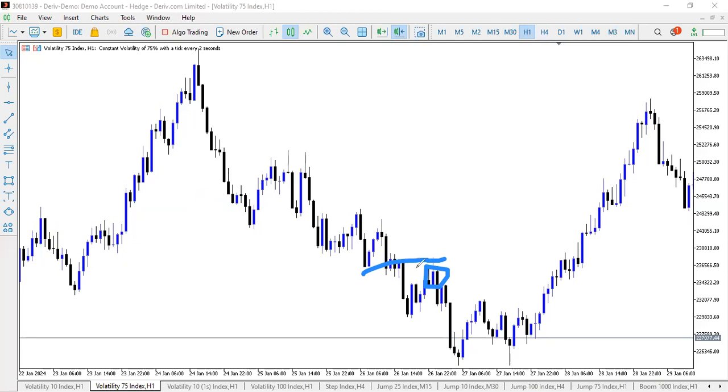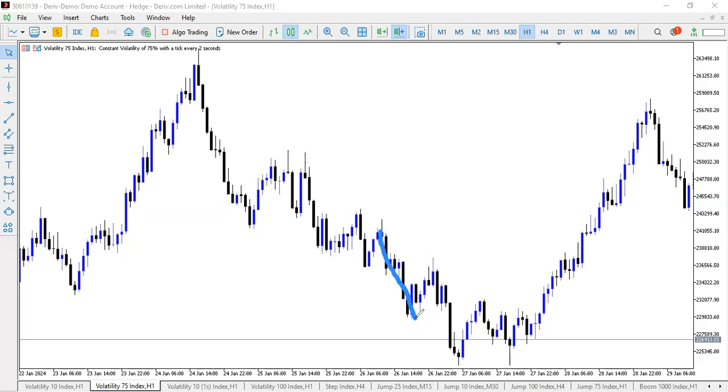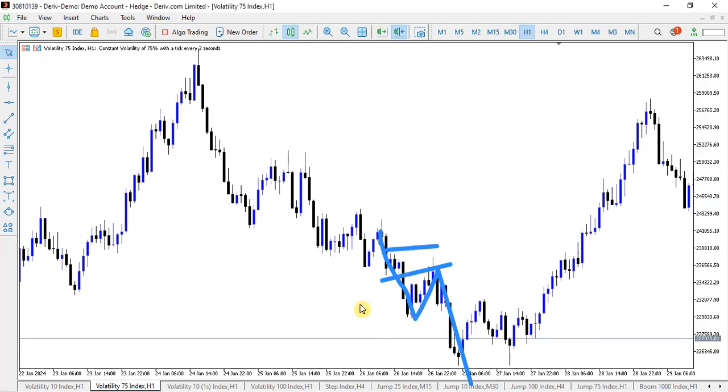What happens after the breakout is the retest, and then you see price delivered. You just take your entries, with your stop loss there for safety purposes. Let me just go ahead and delete what we have on the chart.